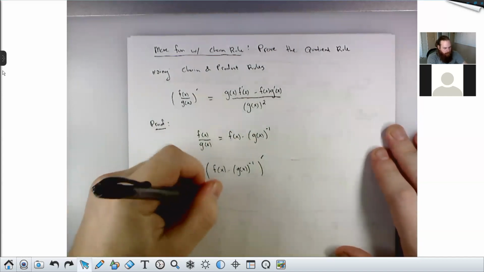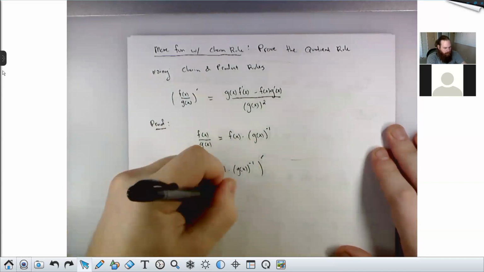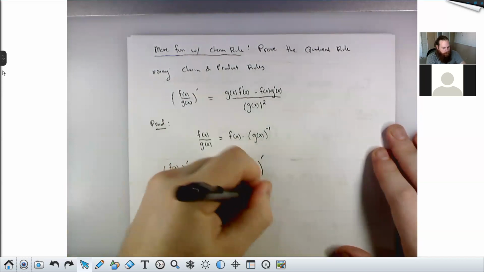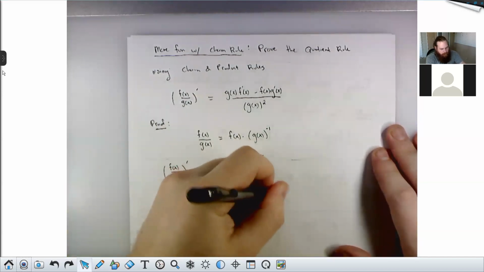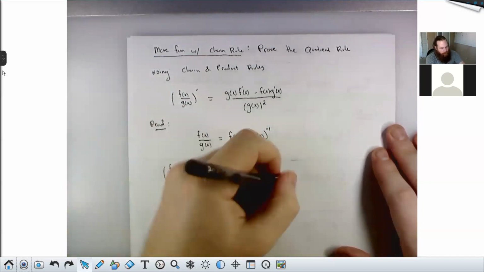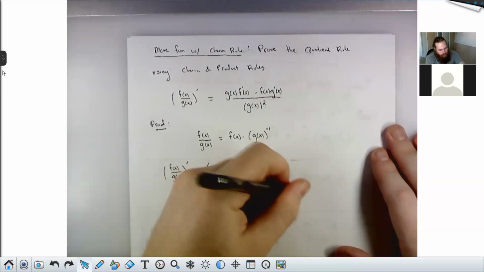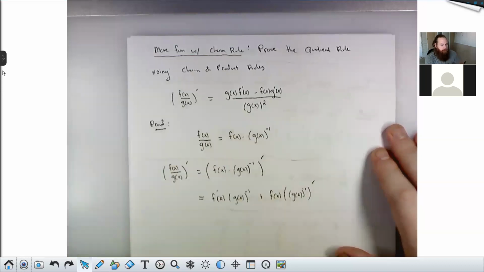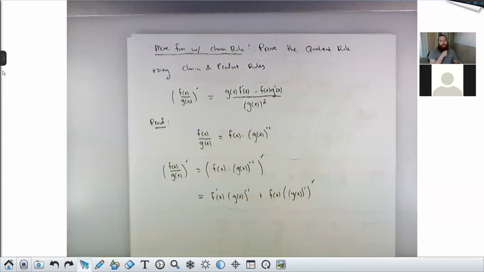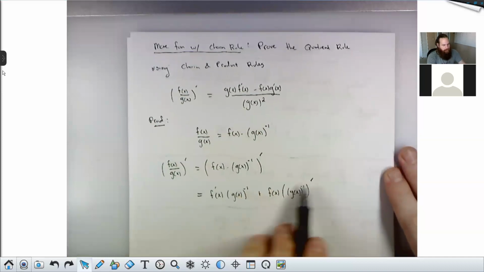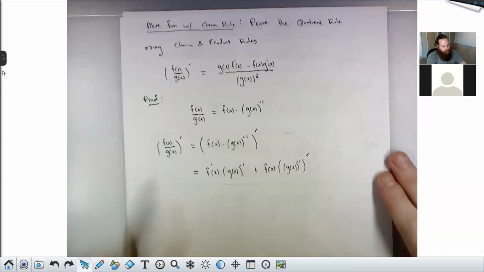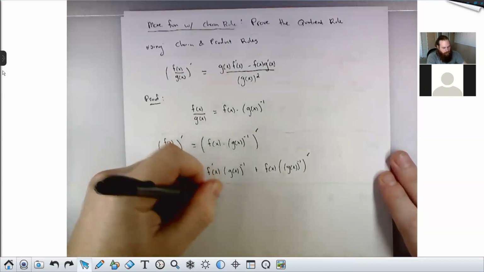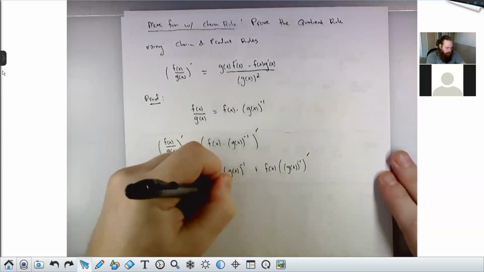So this is going to be f prime of x times g of x to the negative 1 plus f of x times this thing all primed. So that's g of x to the negative 1 all primed. This piece I differentiate using the chain rule. And I'll get it to a place where you can just do some algebra.